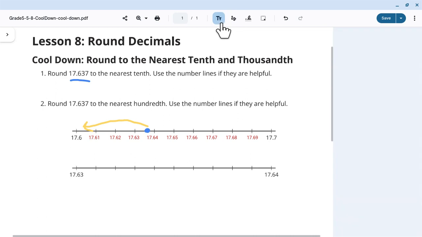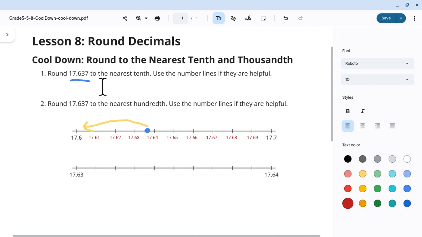So we will come up to number 1, and we are asked simply to round. So our answer can just be written so that we see our 17, our whole number part, we have our decimal, and we're ending at the 6 in the tenths place. Because with our number line, we have shown that it does round to 17 and 6 tenths.